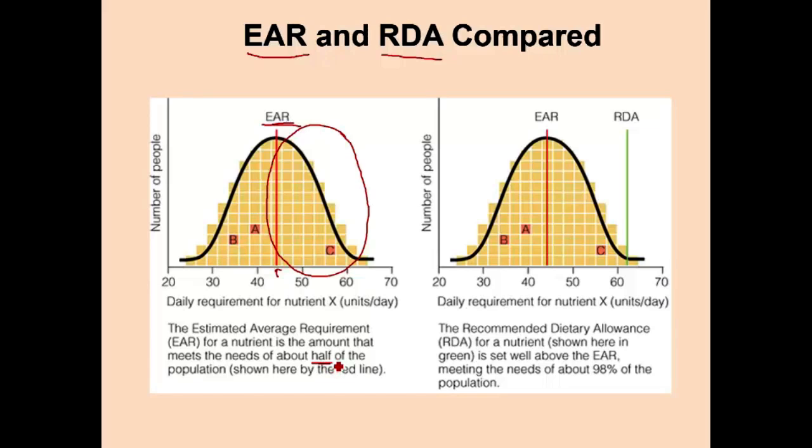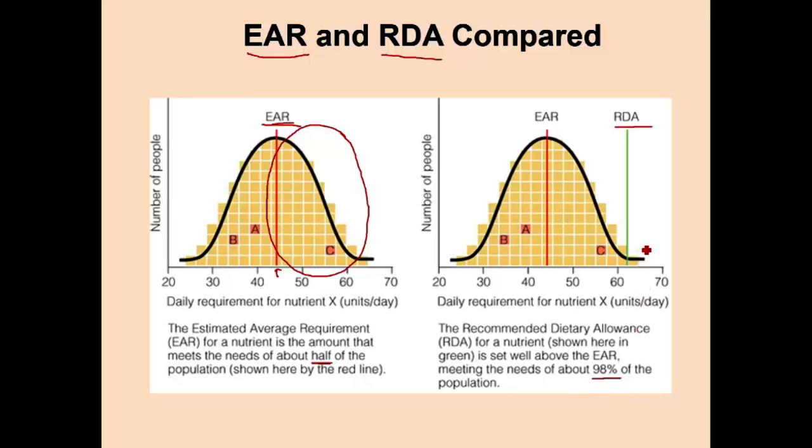So in order to make sure that the majority of the population has adequate intake of that nutrient, the RDA is going to be set well above the EAR so that it's meeting the needs of about 98% of the population.